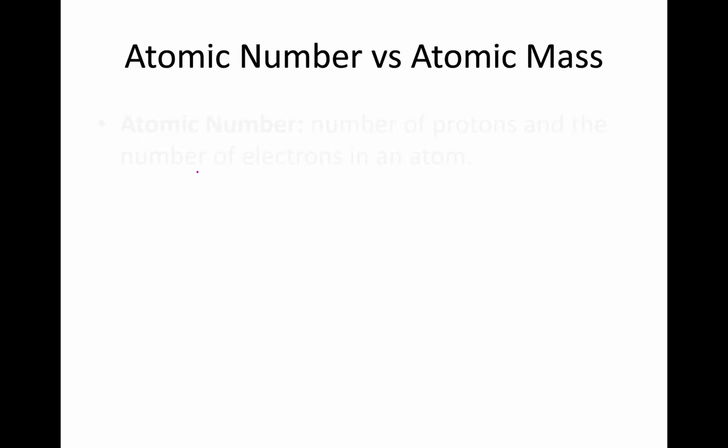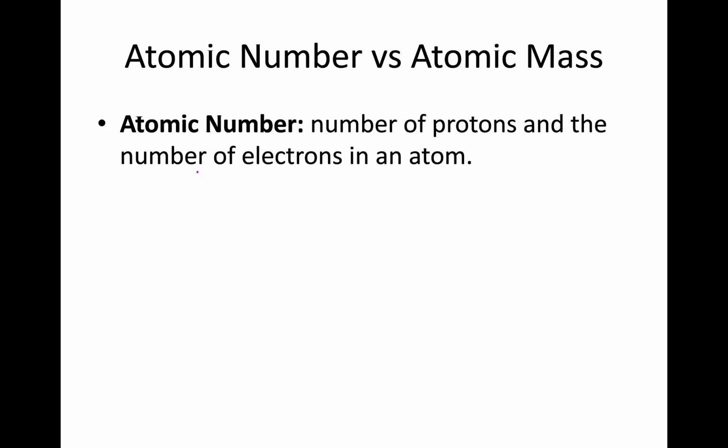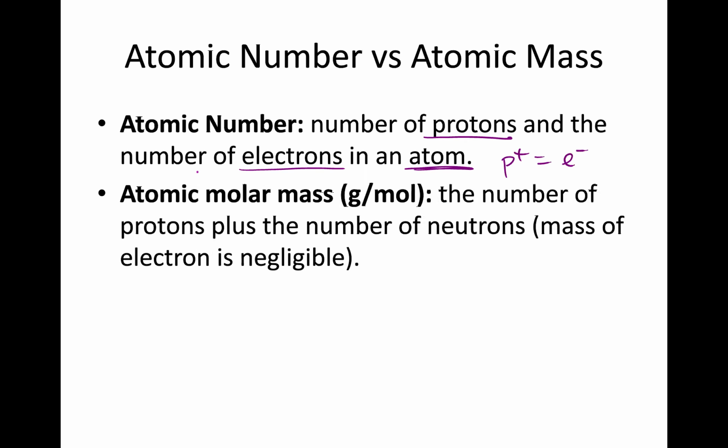So when you're looking through this atomic number, it does tell you the number of protons, and if it's a neutral atom, it would also tell you the number of electrons. So atomic number will give you protons, and in an atom, protons equal electrons. Then you also have the molar mass, and that is telling you the number of the protons and the number of neutrons that are within that atom.